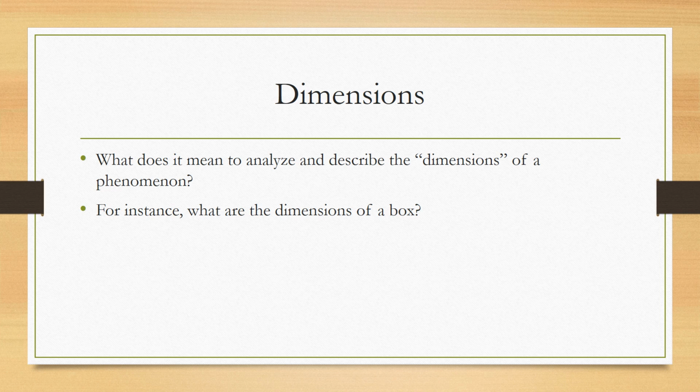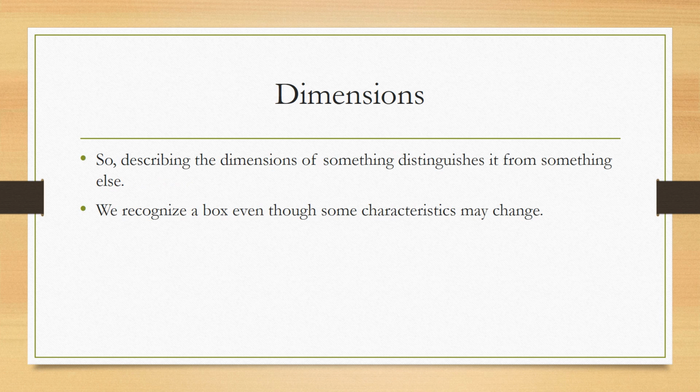So when you say what a box is, you also need to be able to describe what is not a box. And describing the dimensions of something distinguishes it from all other items in the universe.